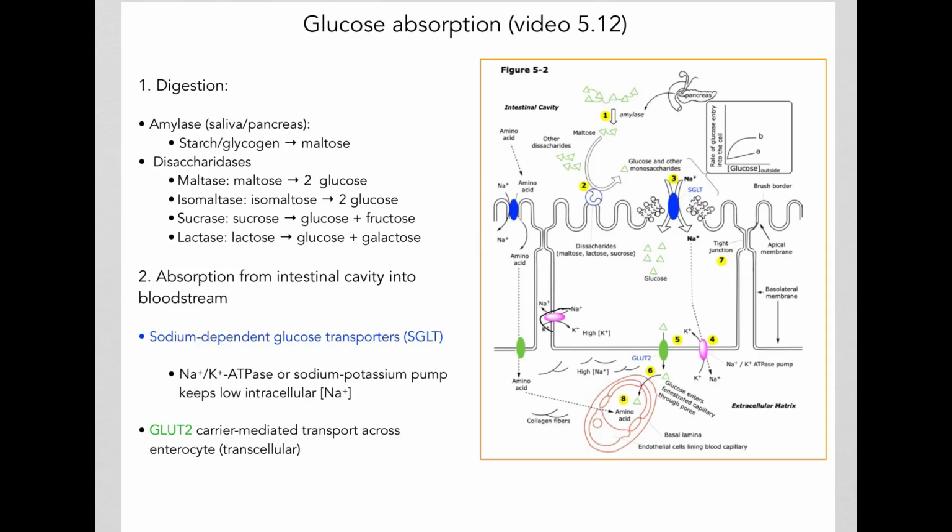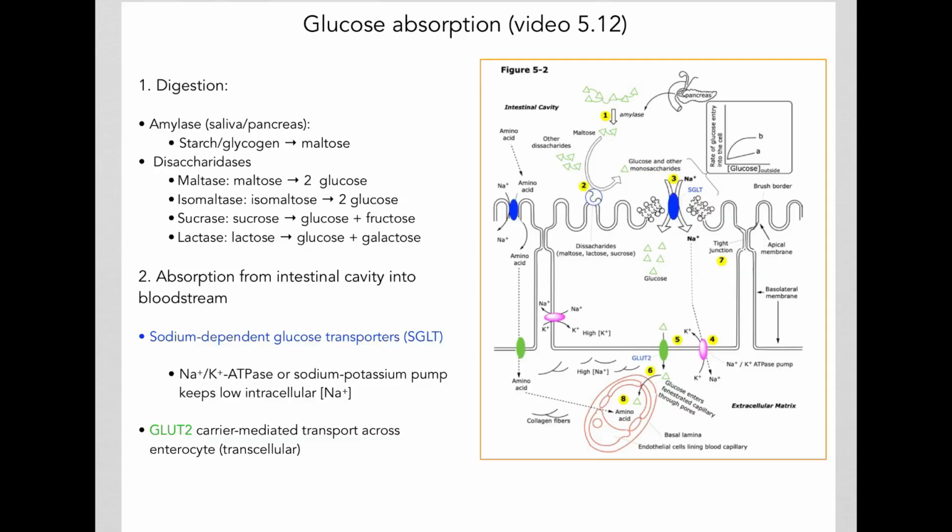The sodium-potassium pump will always keep the sodium concentration very low in the cell. So because the sodium is much higher outside, this force of driving sodium from high to low concentration also helps the glucose coming from the outside into the enterocyte.